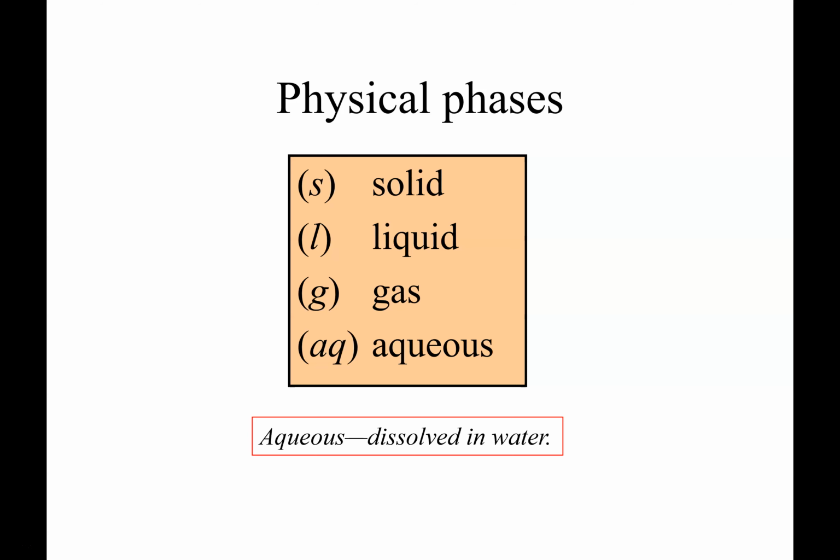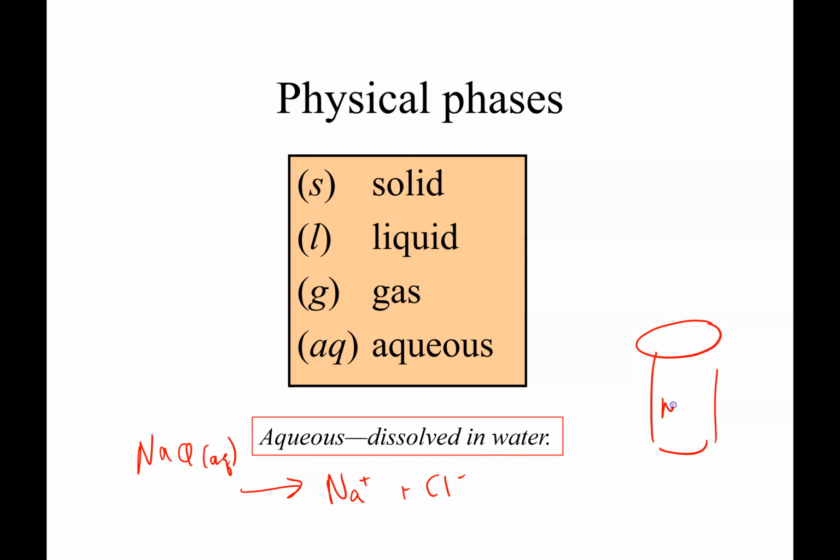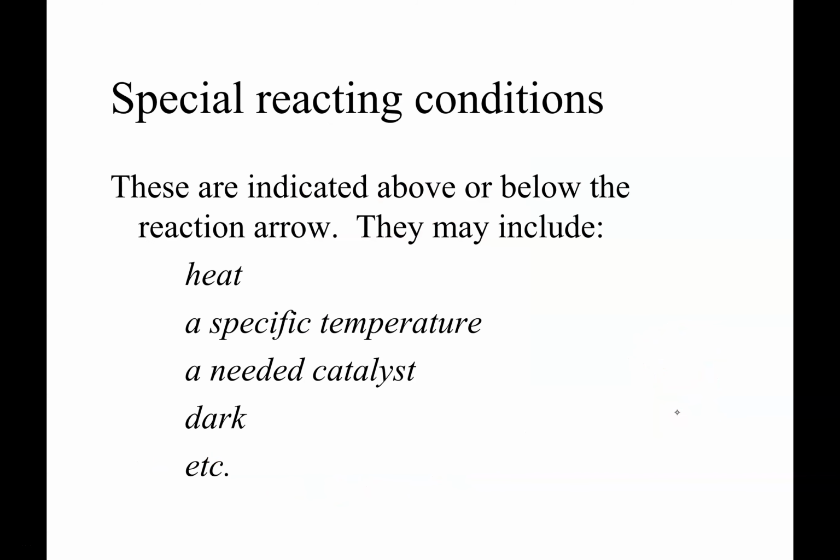So if you saw, for instance, NaCl (aq), you just have to picture that running around. We'll talk more about ions, but it's Na plus ions and Cl minus ions. So this is my beaker water, Na plus, Cl minus, you get the idea. Okay, so that's what AQ means.